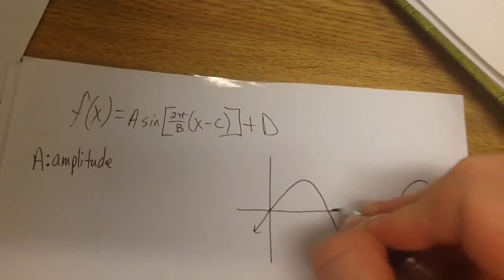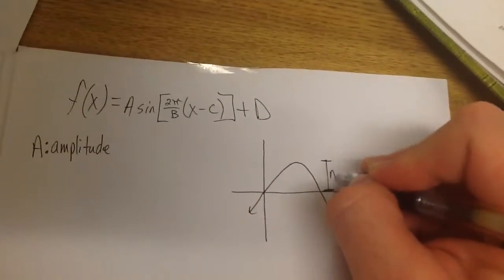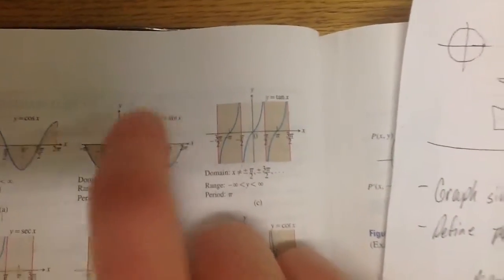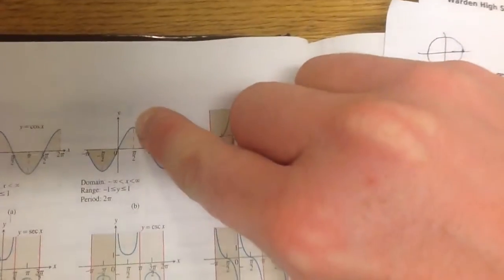From the x-axis, you go up to the peak of one of the hills. That's your amplitude. Or you could go from the x-axis down to the bottom of the hill. That's your amplitude. So on the regular old sine graph where A is 1, the amplitude is 1. That dotted line there represents the amplitude.